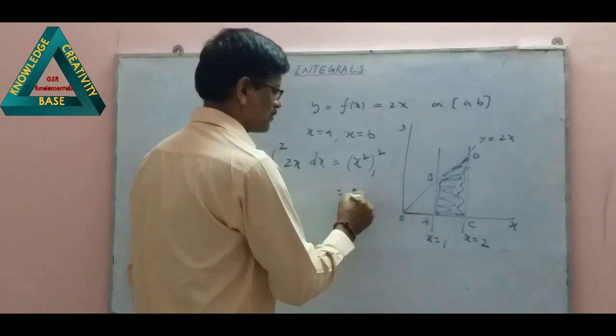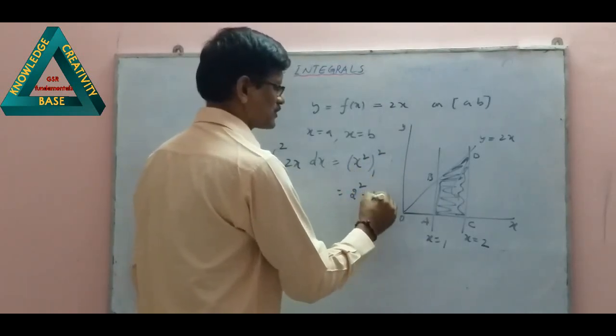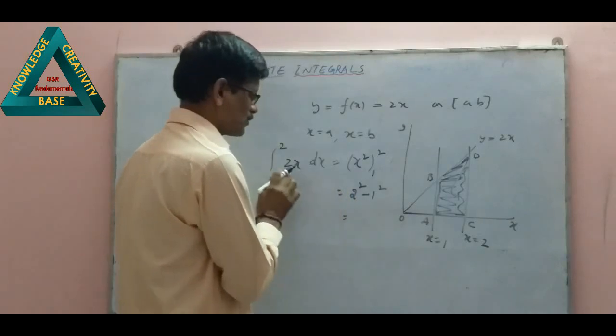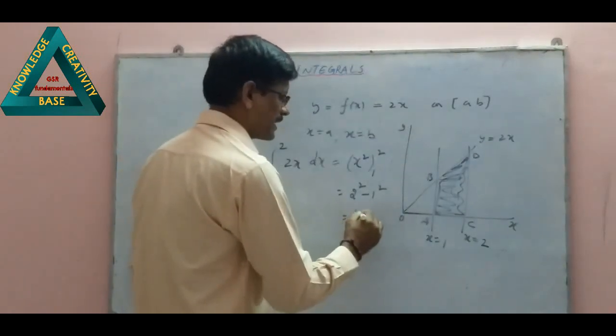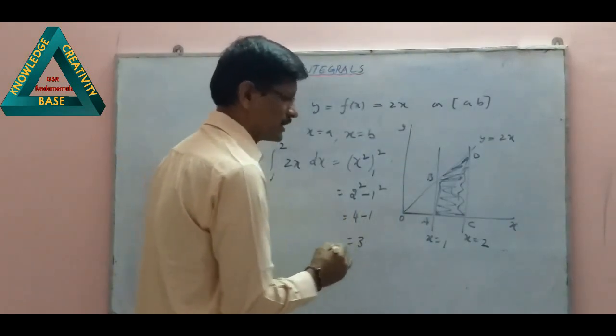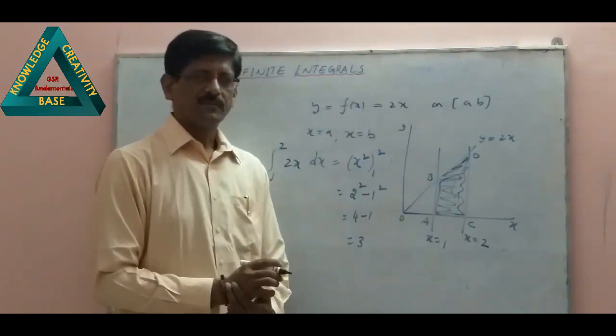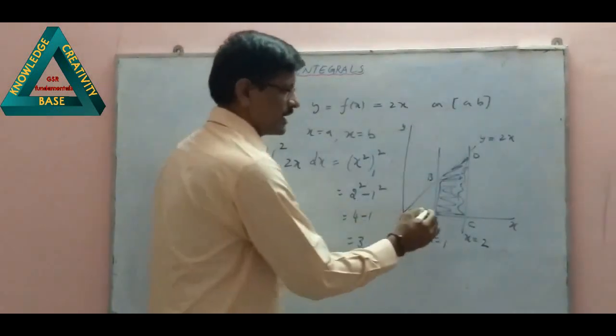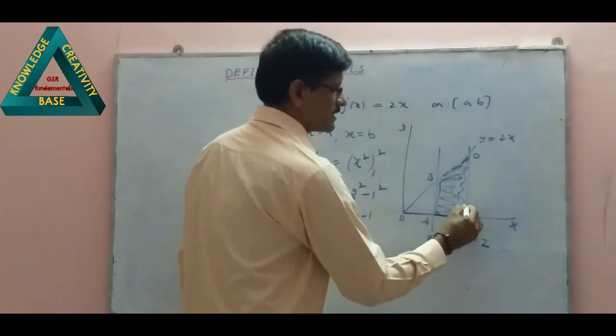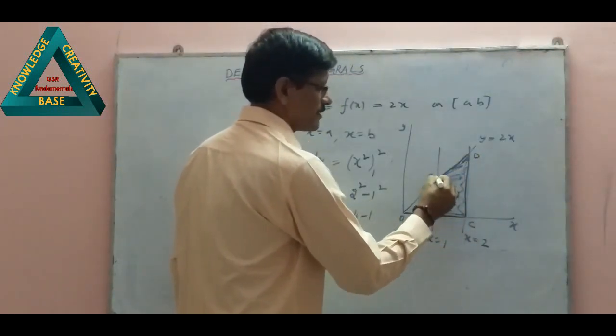What is the value? 2 square minus 1 square, that equals 4 minus 1, that equals 3. This 3 is a definite value. This 3 represents area of the A, C, D, B.